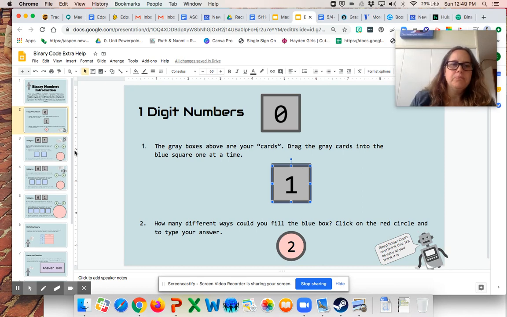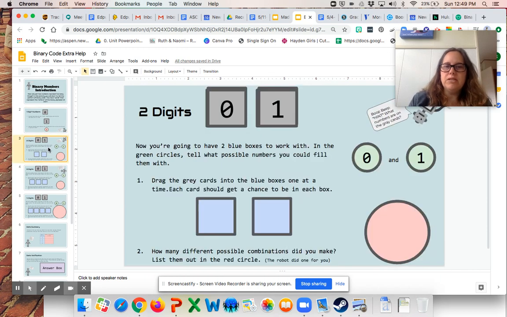Which doesn't let you do very much, as you can imagine. When we move ourselves to a 2-digit number, our options are still 0 and 1. You can either put a 1 in one of the digits or a 0. Now, many of you think, well, if there are only 2 options, 0 and 1, and there are 2 digits, then there's 2 options. But actually, order matters.